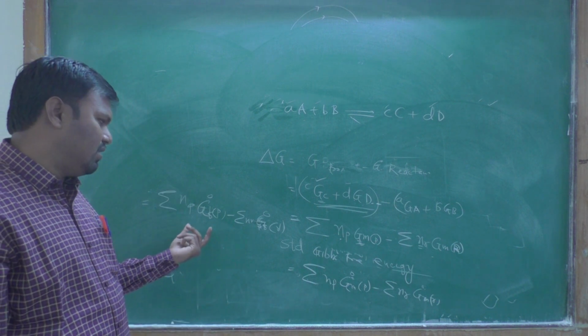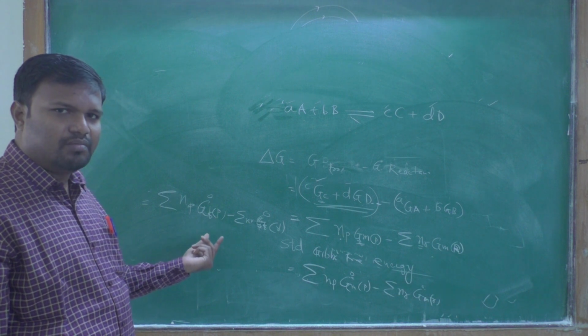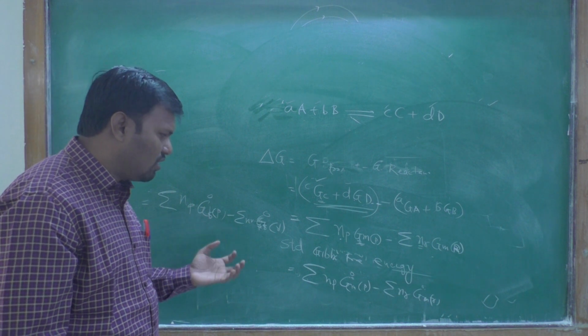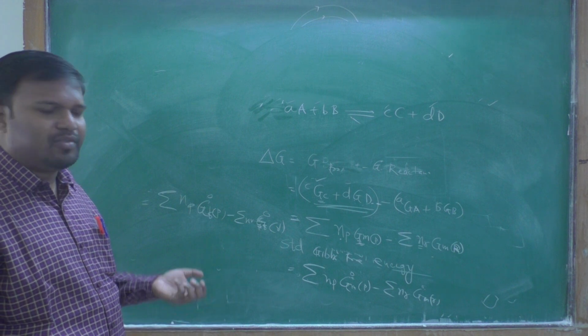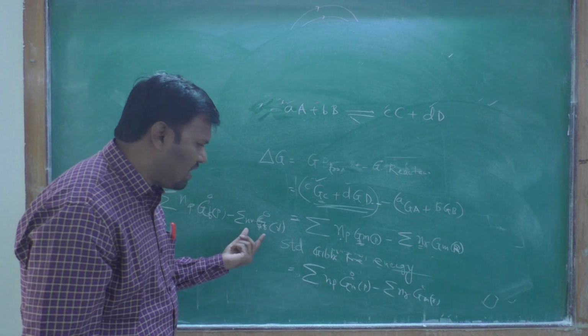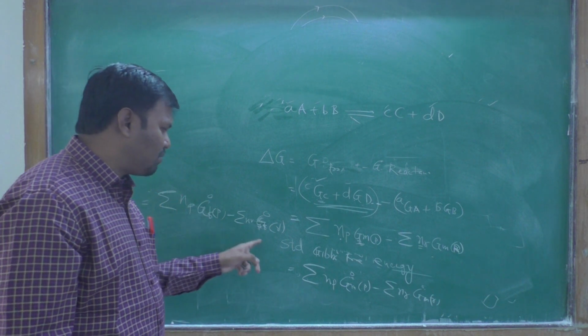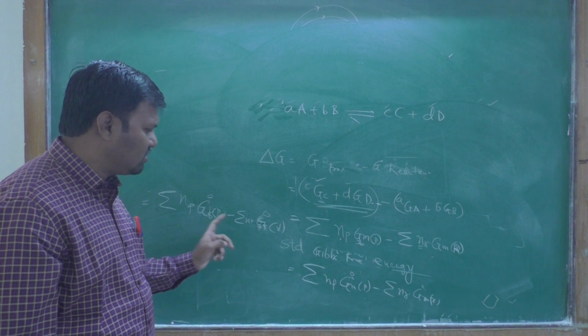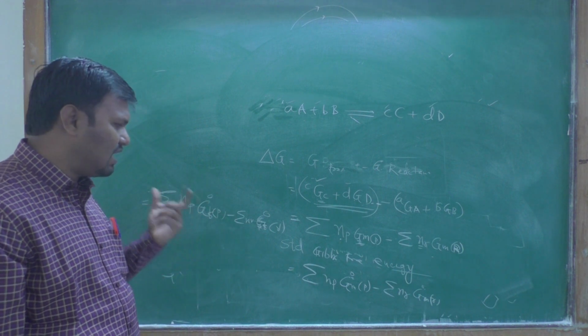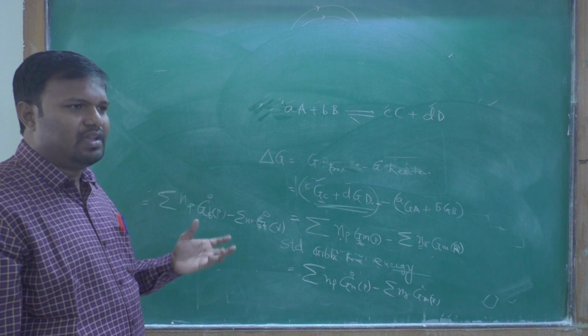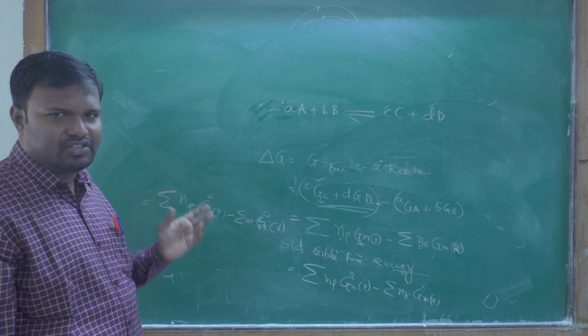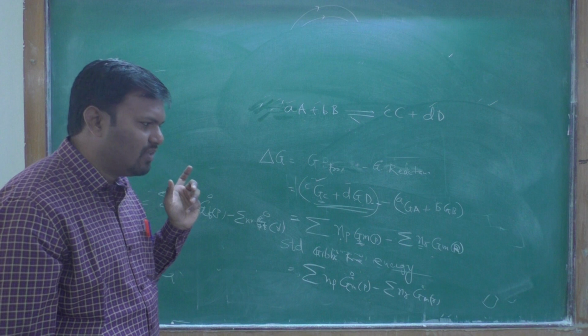It can be defined as 1 mole of substance formed from the reactants when everything is present at the standard state. The Gibbs free energy of the elements at the standard state is considered as 0.